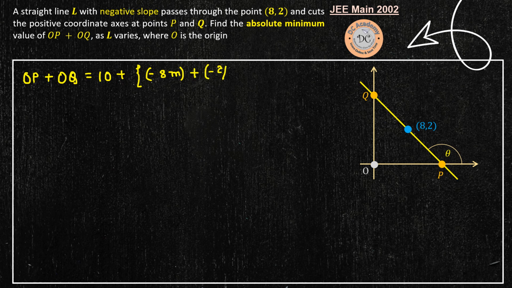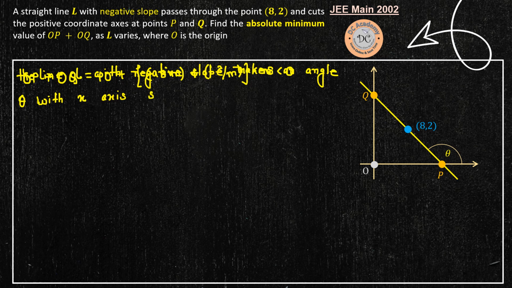So here we say that the line L with negative slope makes an angle theta with the x-axis.